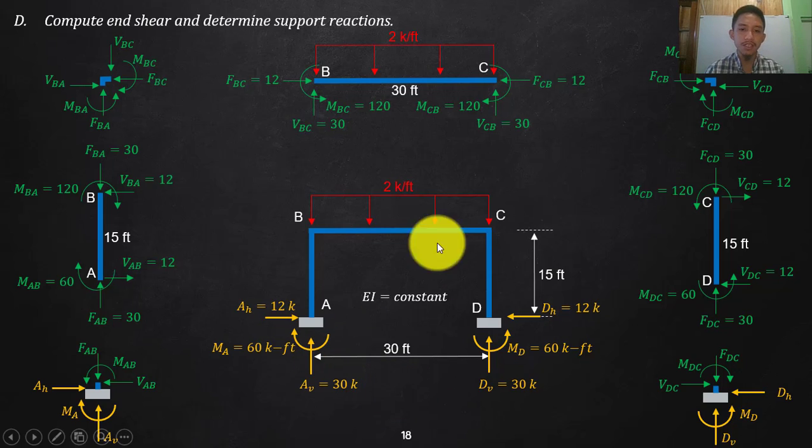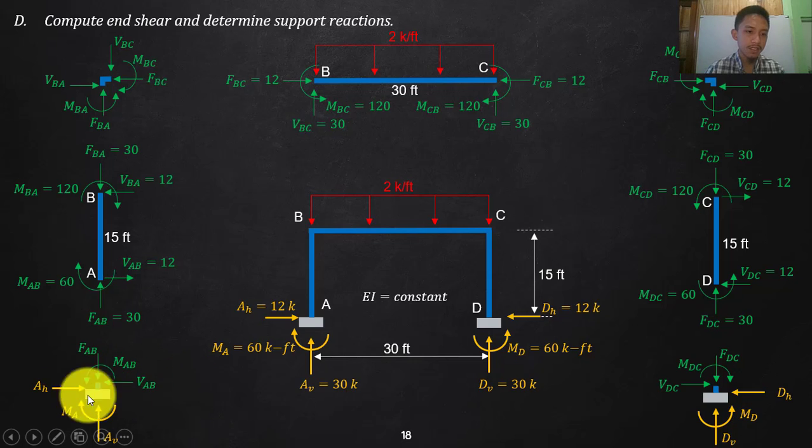All you need to do is redirect your direction. Since I already solved this one, my assumptions are all correct, so I will end up with a positive answer. So again, that moment will be countered by your clockwise moment at A, so MAB is 60, so that will be 60.